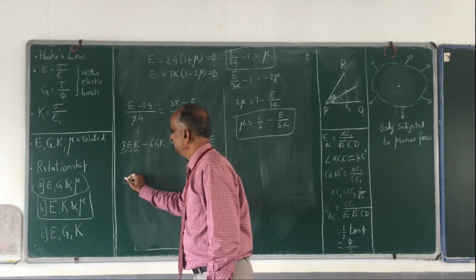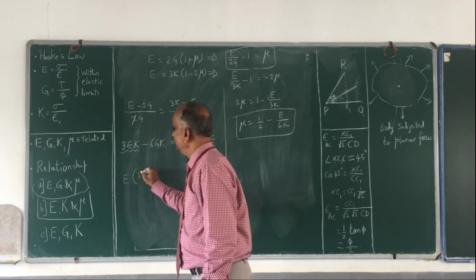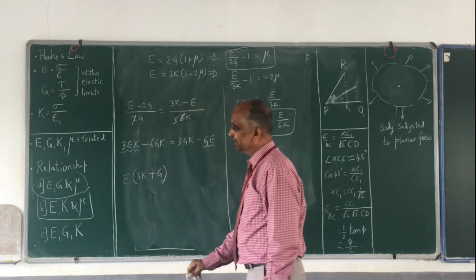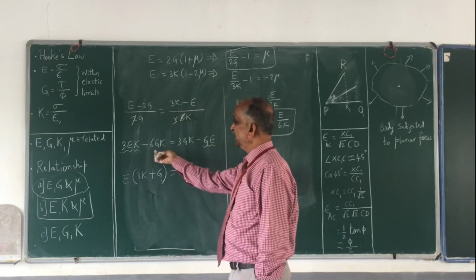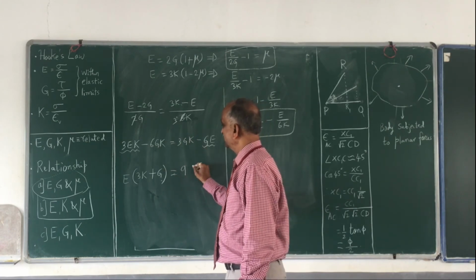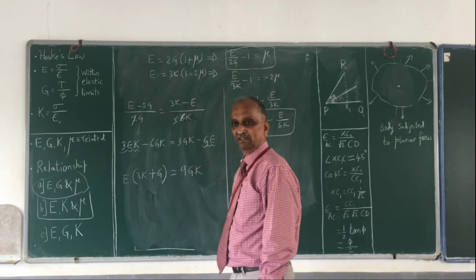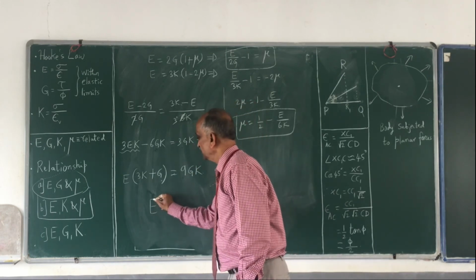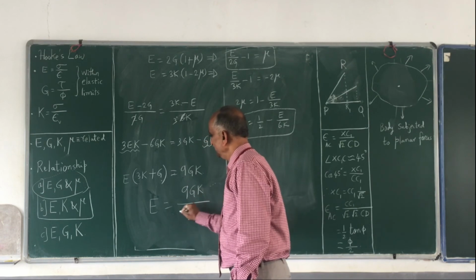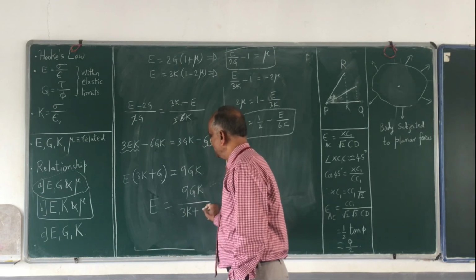If I take E outside, this is 3K plus G. This is equal to 3GK plus 6GK, which will be 9 times GK. Therefore, E is equal to 9GK divided by 3K plus G.